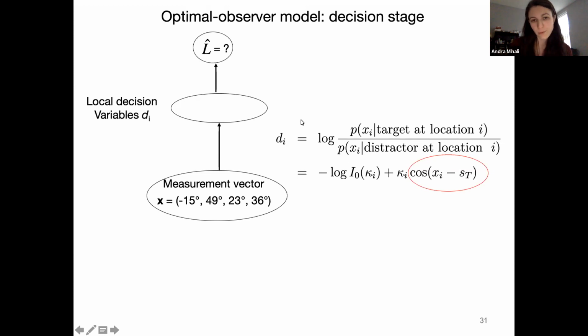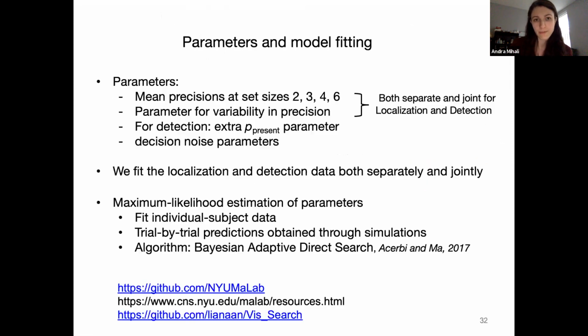So the observer would be more likely to pick location I, the higher this DI. So this is just an intuitive depiction of what happens in the optimal observer model.